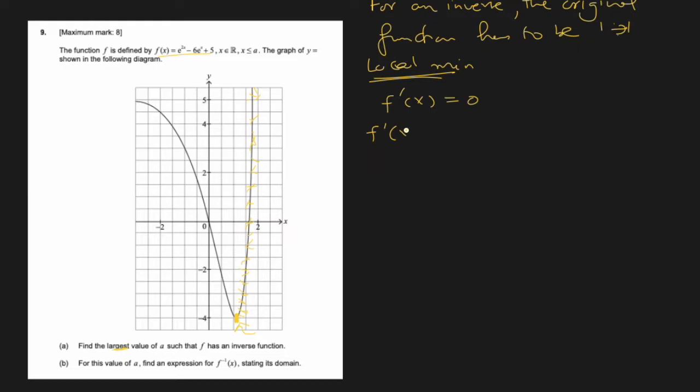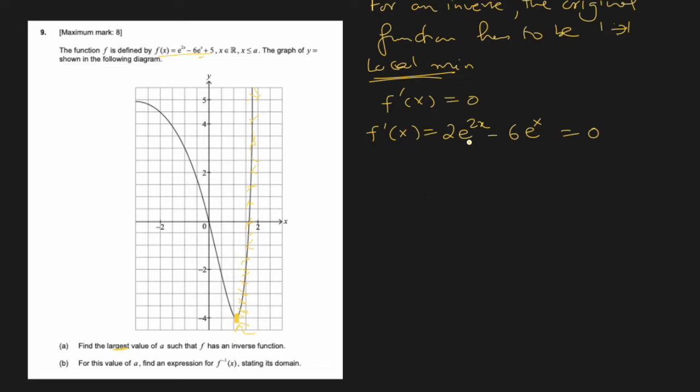The derivative of e to power 2x will be 2 e to the power 2x. Minus 6 is a constant multiplier, we will not touch it. The derivative of e to the power x is e to the power x only, and plus 5, its derivative will be 0. So this is the one which should be equal to 0. That will give us the x coordinate of the turning point.